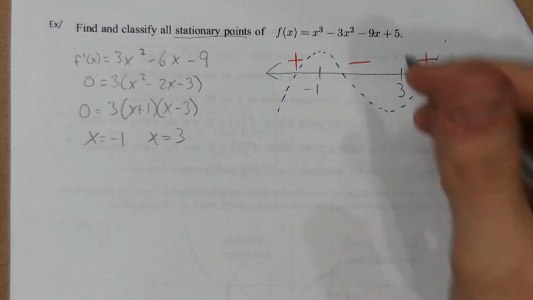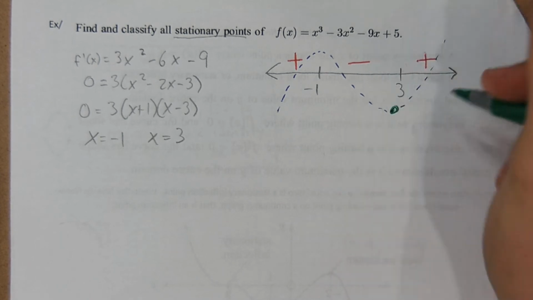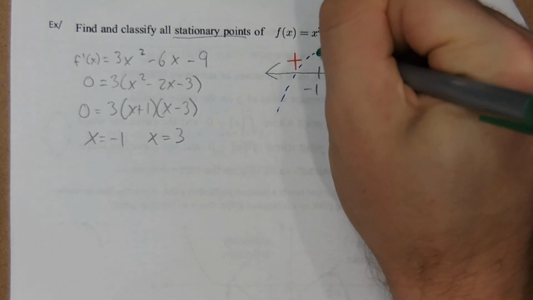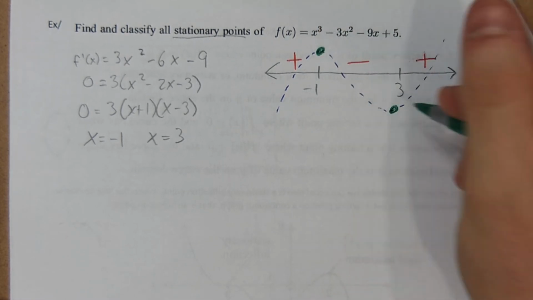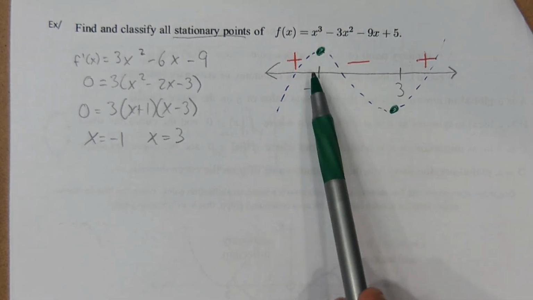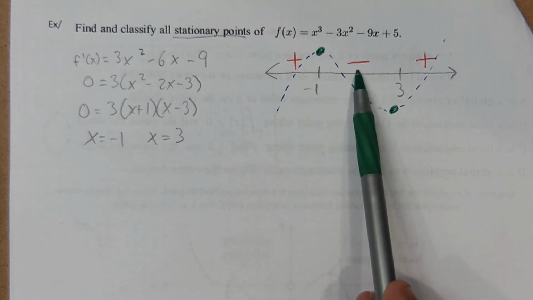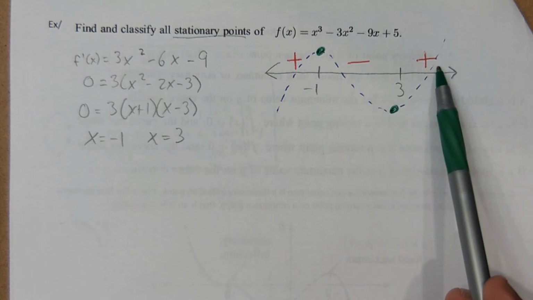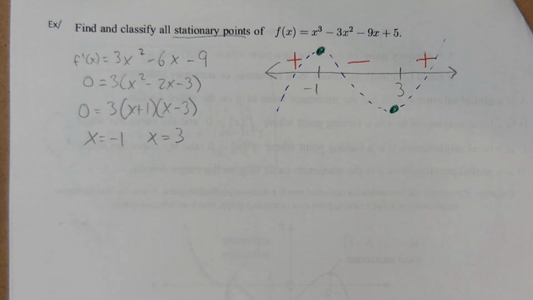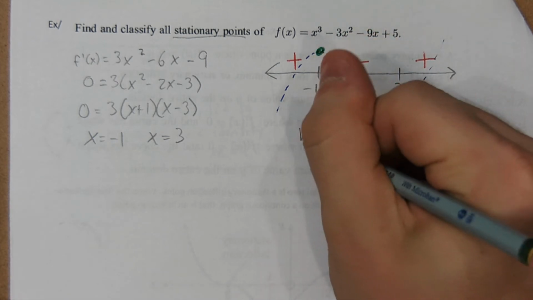Clearly, here and here are both the same kind of stationary point. Notice the sign change from here to here. This is going to be a local maximum. And notice the sign change from here to here. This is going to be a local minimum. So they are both turning points.